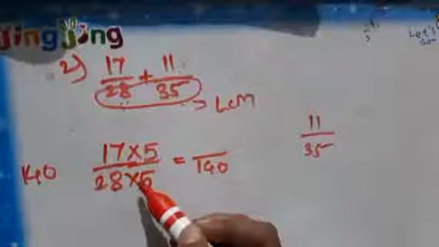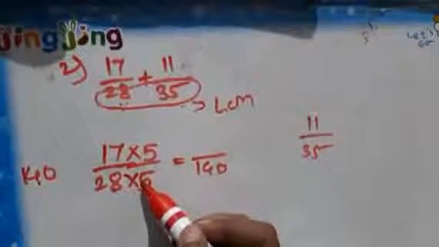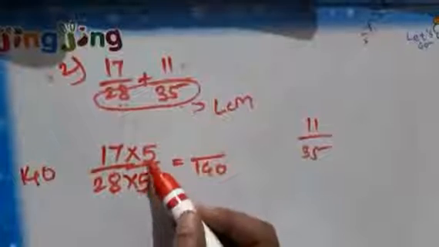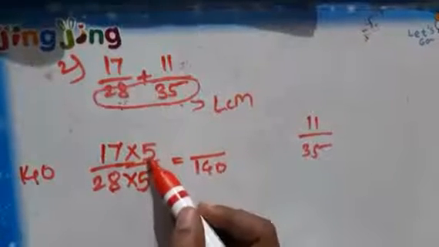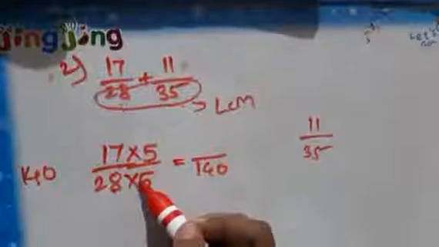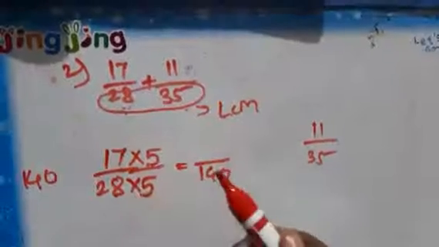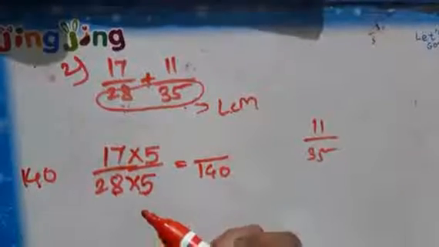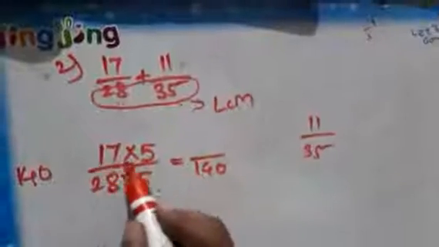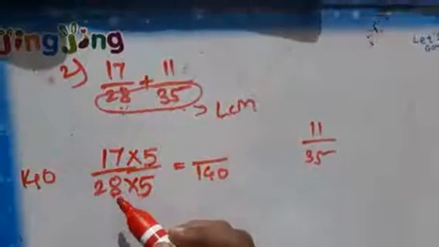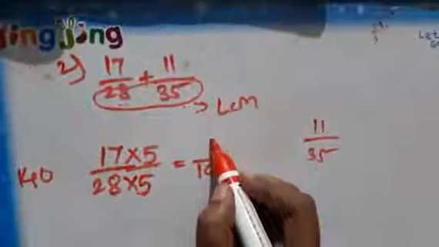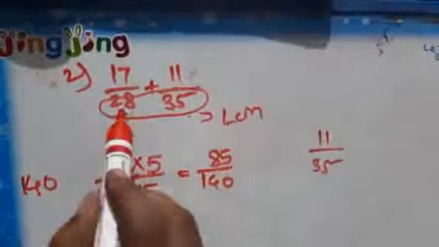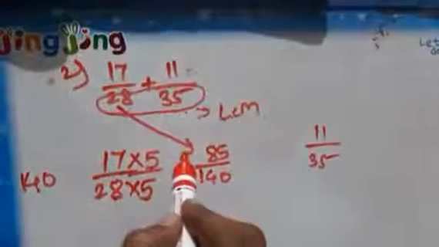It will be balanced. Whenever we multiply by any number in the denominator or numerator, we have to multiply or divide the other by the same number. So now the remaining operation is 17 5s, which is 85. So this first number is changed into this number.